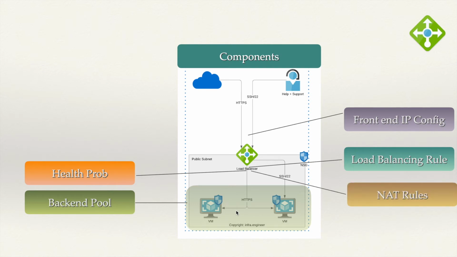Next and the last one is the NAT rules. A NAT rule is an interesting setting available in the load balancer, which defines how you can map one port to another port within the backend pool. For example, let's say you have the load balancer configured and now you want to RDP to one of the virtual machines in the backend pool via the load balancer, right?